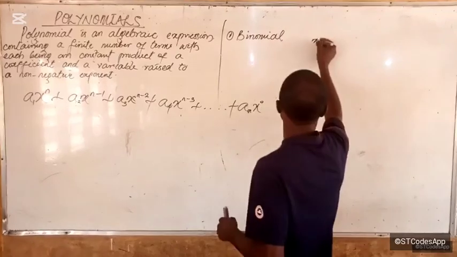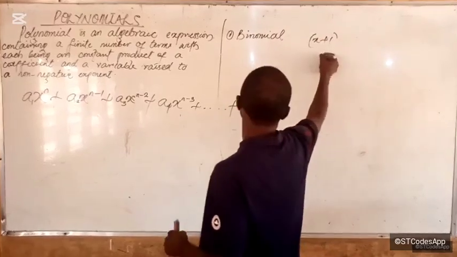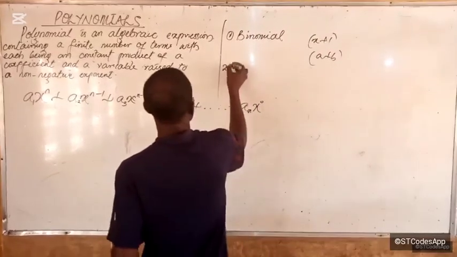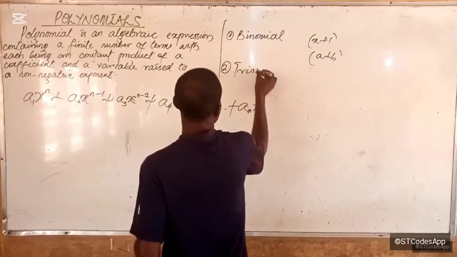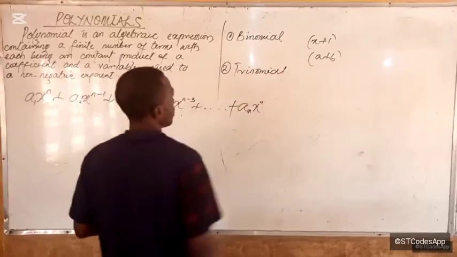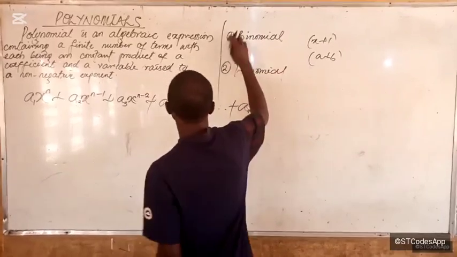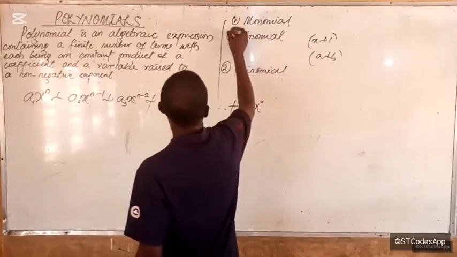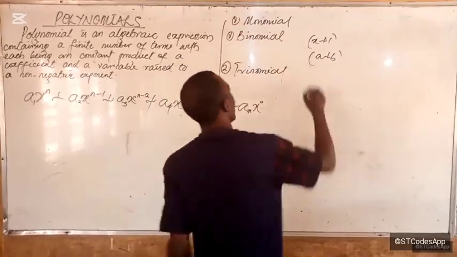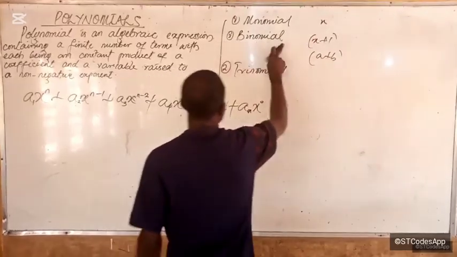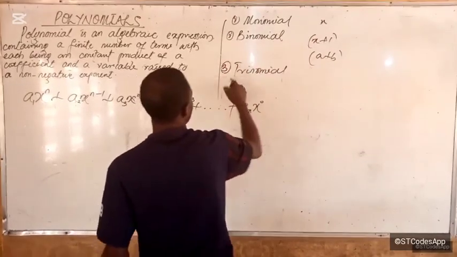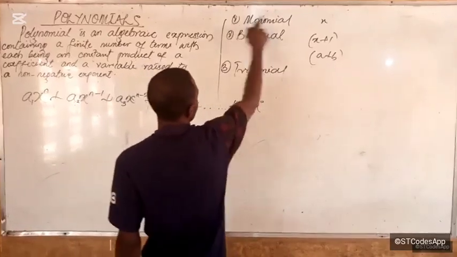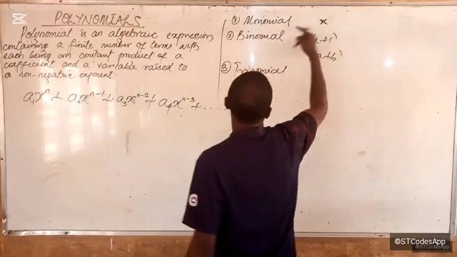So for example, x plus 1 is a binomial. a plus b is a binomial.